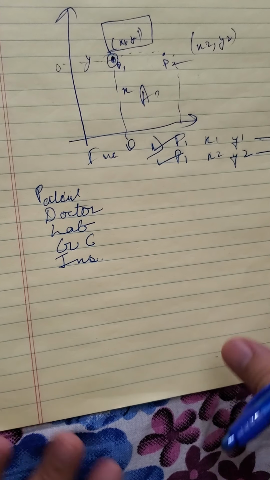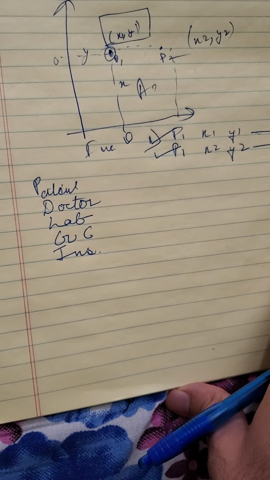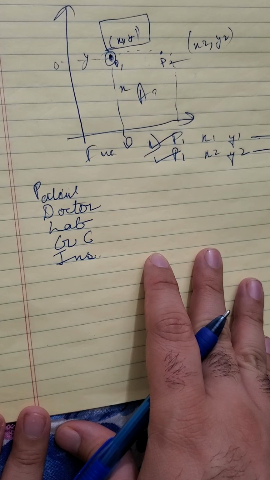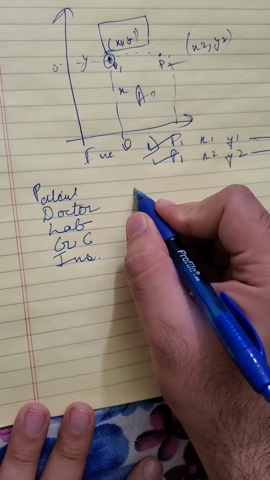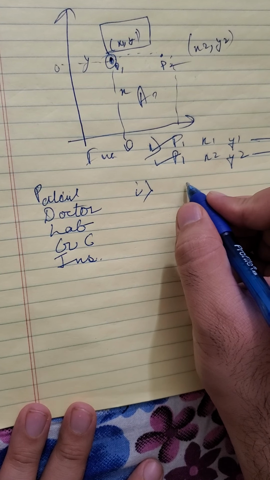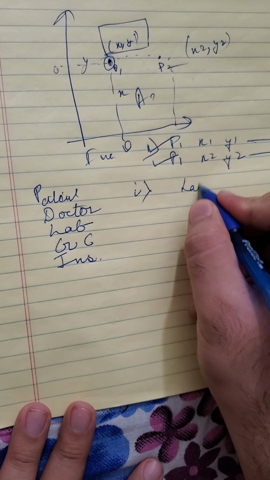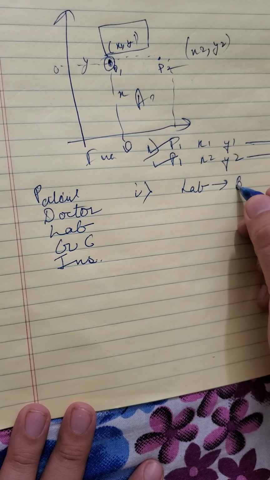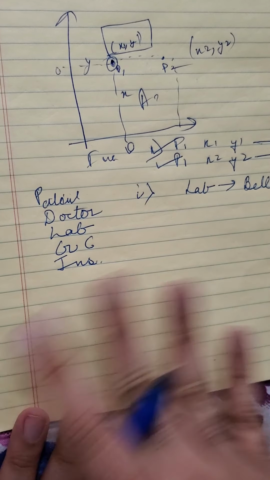Now if someone asks me, for example, the ask is, give me the details of all the patients who went to a laboratory situated in Bellandur. Just a simple question.